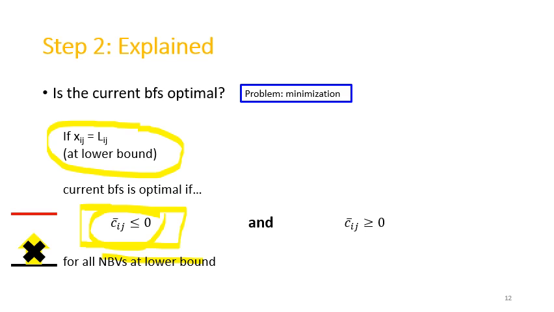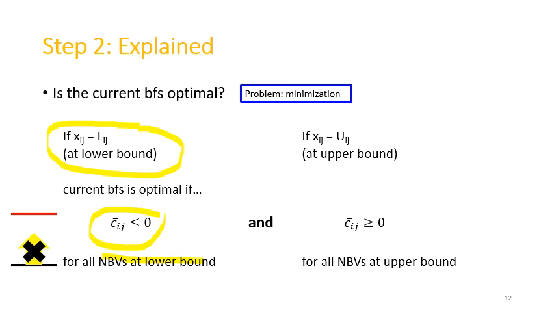If the C hat is, let's say, negative for a non-basic variable, and we raise the value of that variable, our Z value will become larger. For a minimization problem, that is bad. So we must not do that if we are already at this condition. Now, the opposite is true for the non-basic variable at the upper bound.